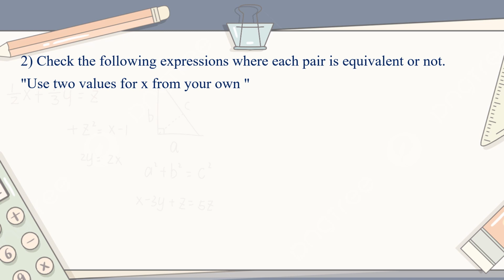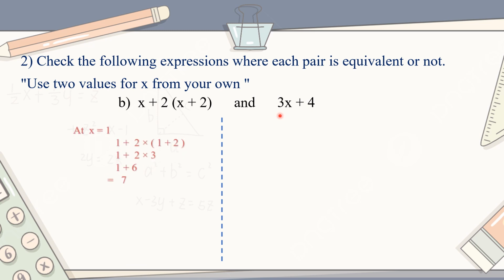The same exercise in letter B. We have x plus 2 times (x plus 2), and another expression, 3x plus 4. Let's check whether the two have the same result or not. If we substitute 1, we get 1 plus 2 times (1 plus 2).